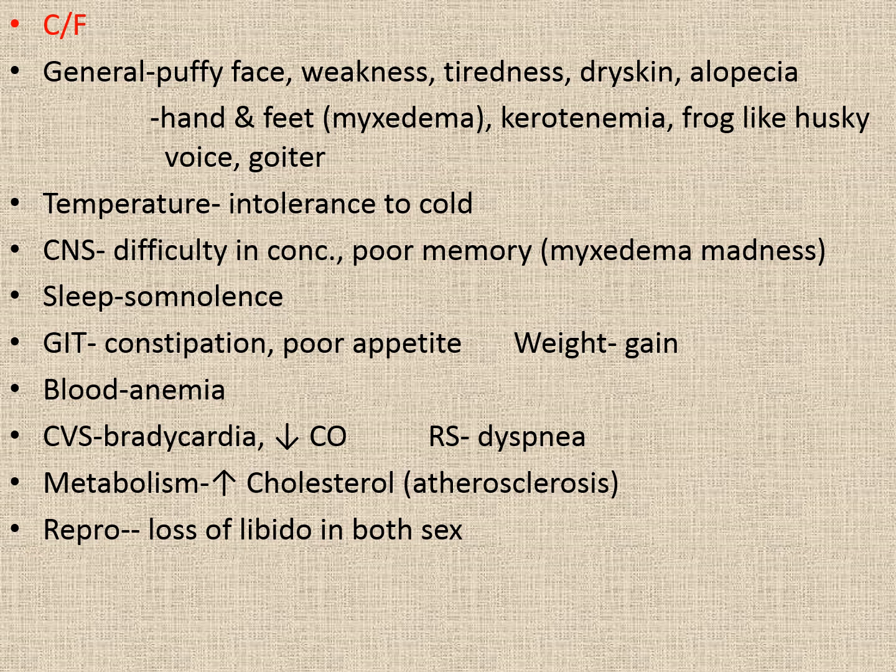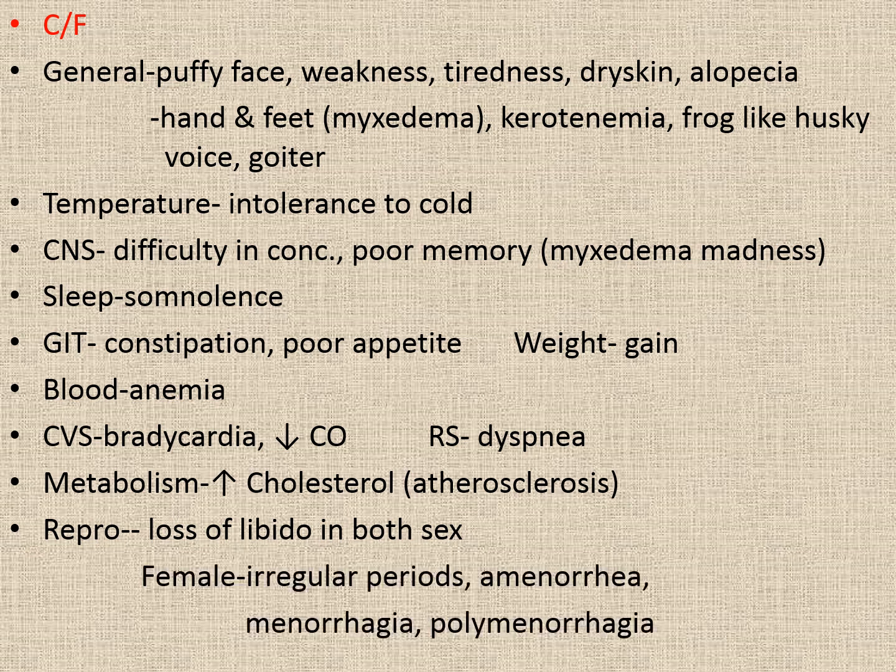Amenorrhea means absent menstruation. Then menorrhagia means heavy menstrual bleeding, either in amount or duration or both. Then polymenorrhea, that is short menstrual cycle, more frequent periods. And in males, because thyroid hormone is necessary for spermatogenesis, there is a decrease in the process as well.